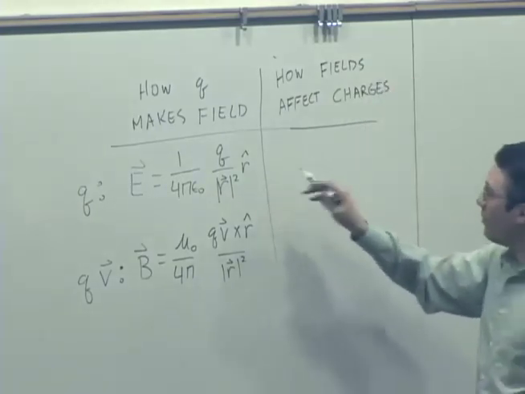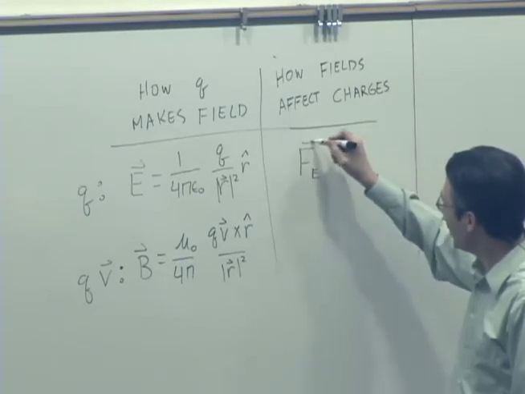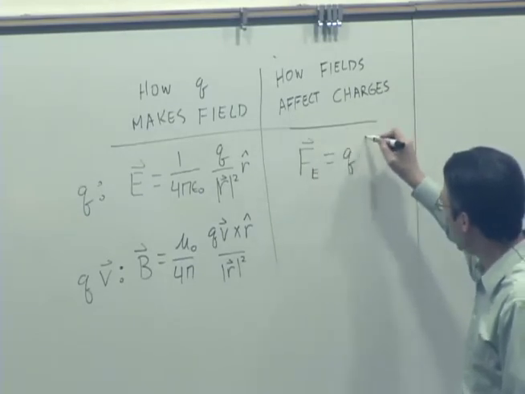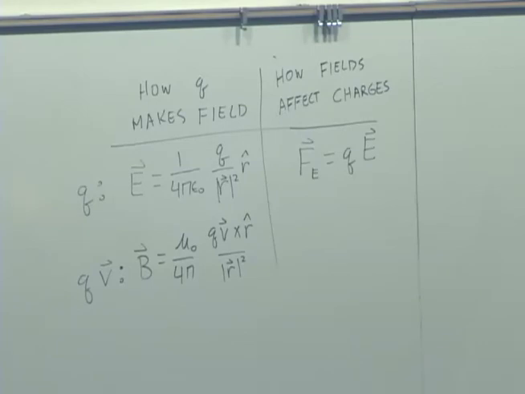We've talked about if you just have a static charge and you have an electric field, then it's going to exert an electric force on that charge, which is just equal to the charge times the field. Okay? The new idea that we're going to talk about now is, if you have a charge, how do magnetic fields affect it? How do magnetic fields exert forces on charges?